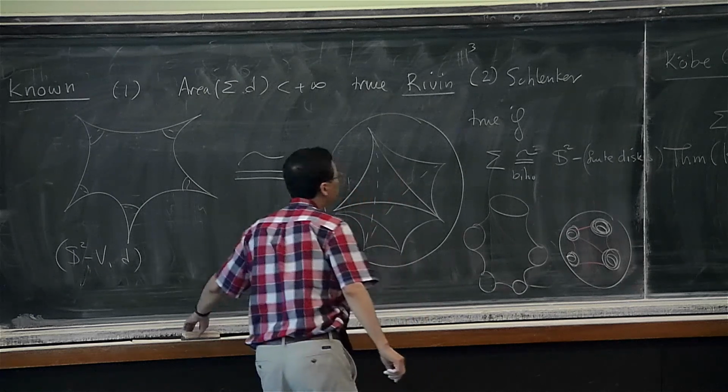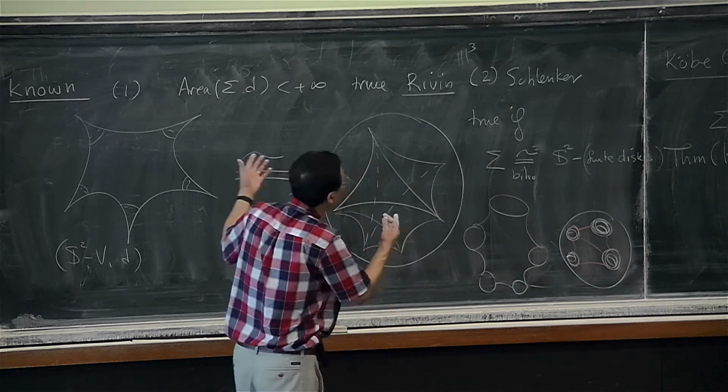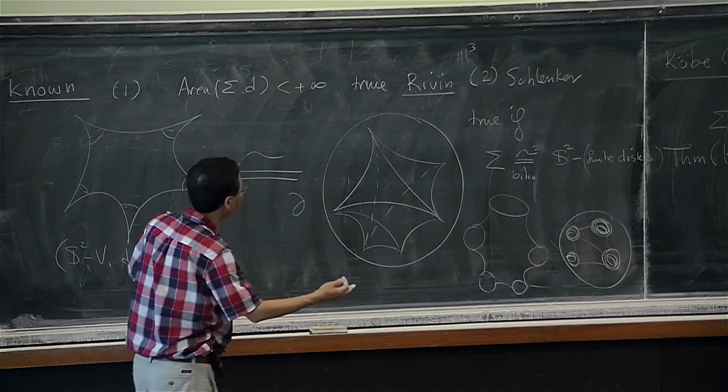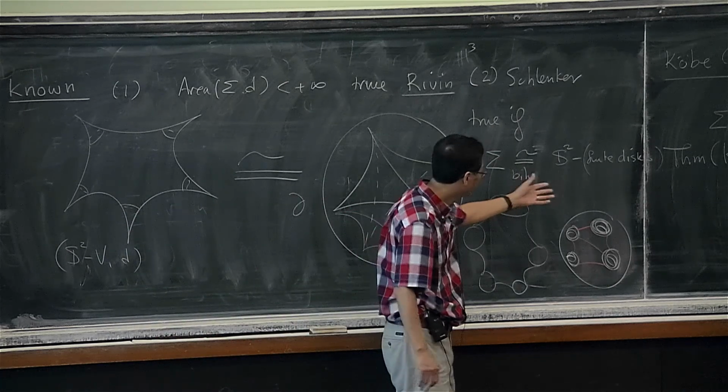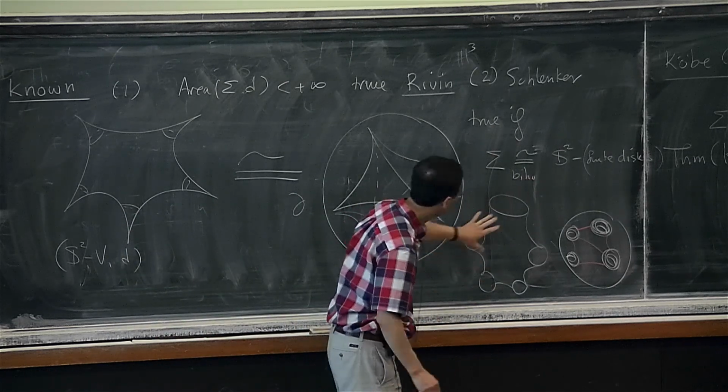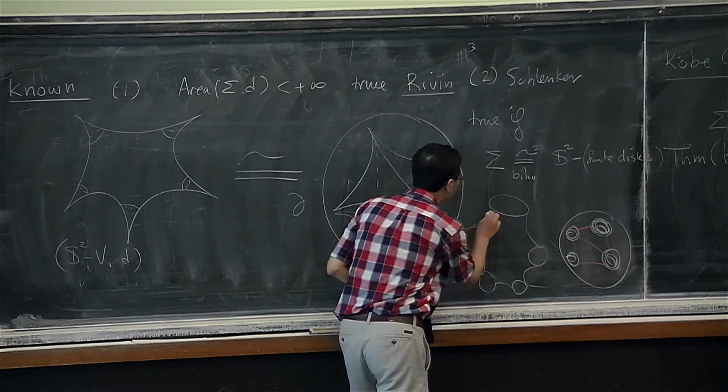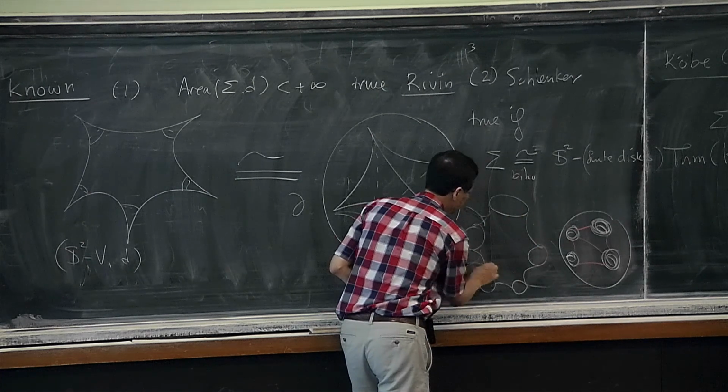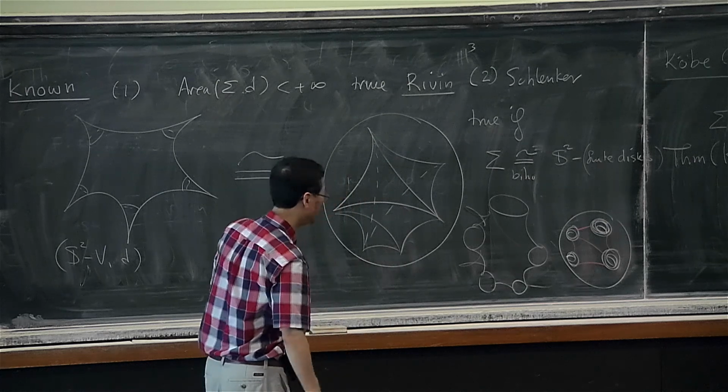And it's open, by the way, if you mix the two. If your Riemann surface has some finite number of holes and finite number of cusps, that's open. No one knows how to prove it.